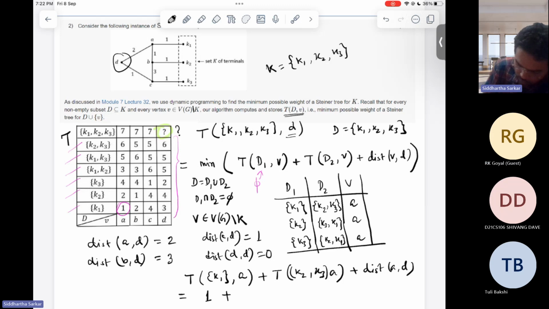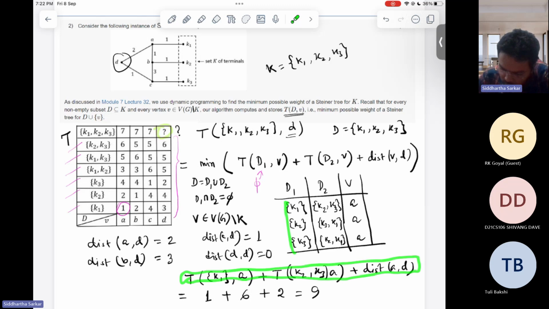We have looked up 1, plus K2 K3 is how much? K2, K3 is 6 here. Fine. The distance of A and D we have already seen is 2. So this is 9. This is only one candidate for us.